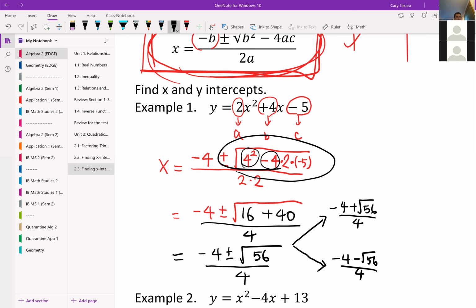So I want you guys to take out your calculator, okay? And let's figure out the decimal. What is -4 plus the square root of 56, and then divide by 4? So -4 plus the square root of 56, and then I'm just going to press enter first and then divide by 4.